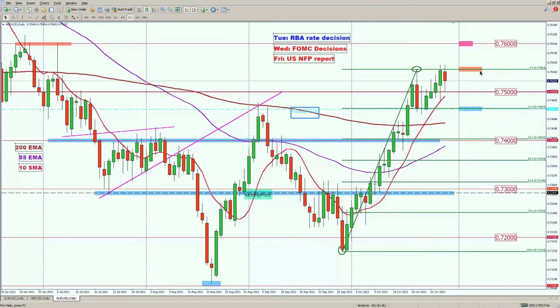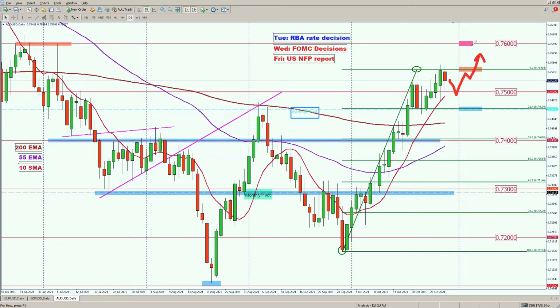Okay. So we'll see if it's going to dip lower below 0.75 before it springs back up and breaks through.